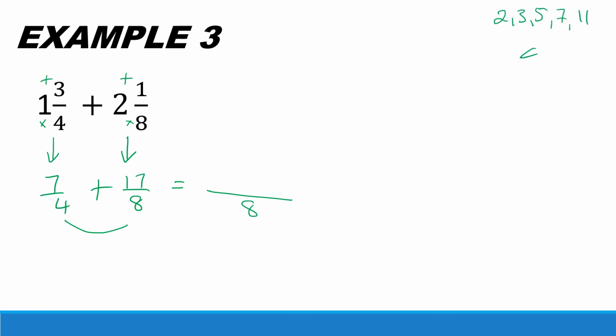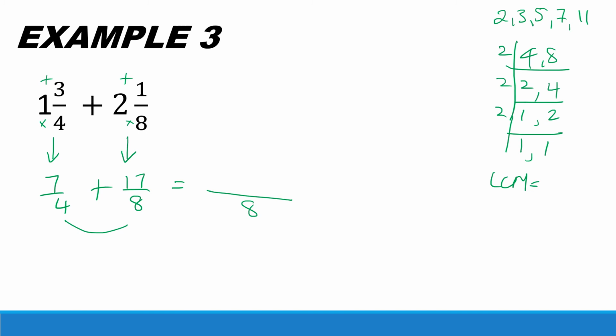We're going to write 4 and 8. I'm going to start with 2. 2 into 4 is 2. 2 into 8 is 4. I'm going to use 2 again, 1 and 2. 2 again, I'm going to bring down the 1 and 1. So the LCM is 2 times 2 times 2, and we know that is 8. We have 8.